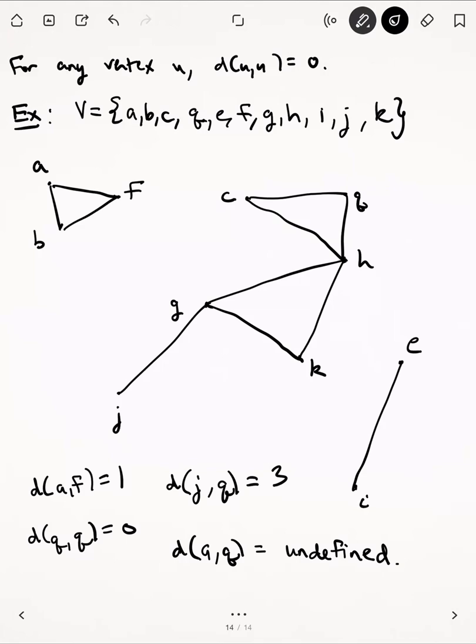I motivated this as an example because we have these three different pieces to this graph. Notice J is reachable from Q, G is reachable from Q, C is reachable from Q, E is not reachable from Q, E is not reachable from H, I is not reachable from A, but G is reachable from H, and G is reachable from Q, and so on.